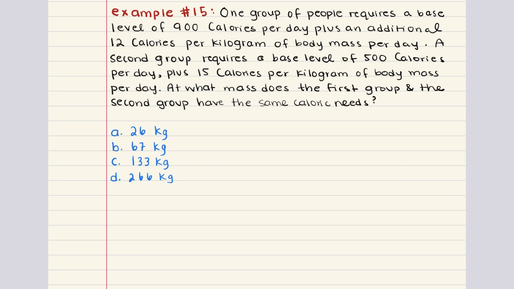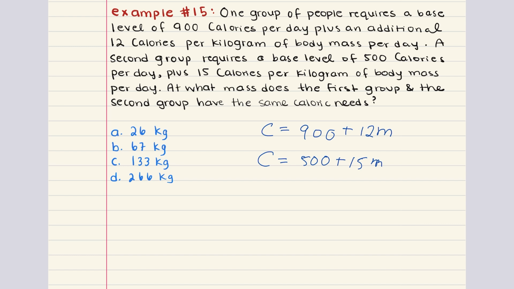From this information, we can actually construct two equations. For the first group, the amount of calories they need is their baseline of 900 calories per day plus an additional 12 calories per kilogram of body mass. For the second group, they have a base level of 500 calories plus 15 calories per kilogram of body mass.